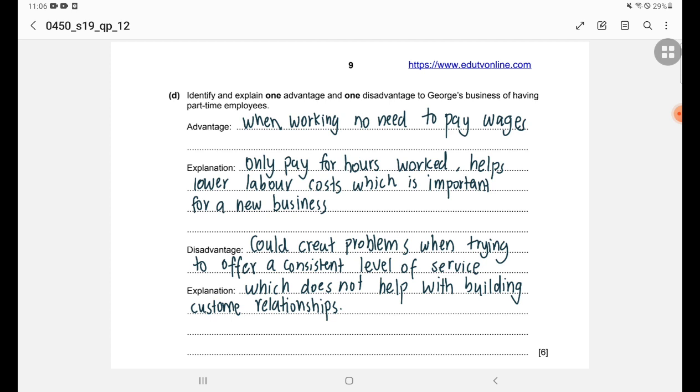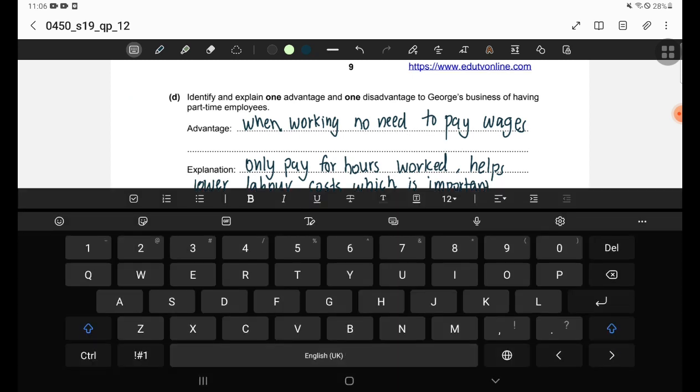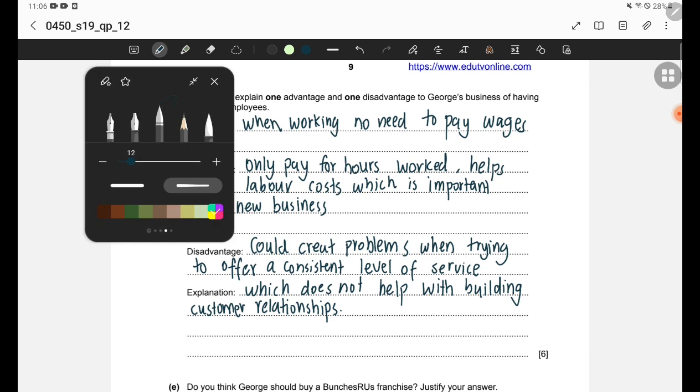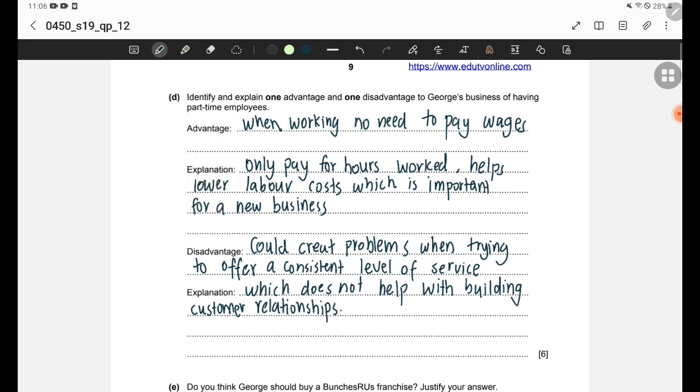You can write it. Okay, disadvantage is could create problem when trying to offer a consistent level of service. So which does not help with building customer relationship.